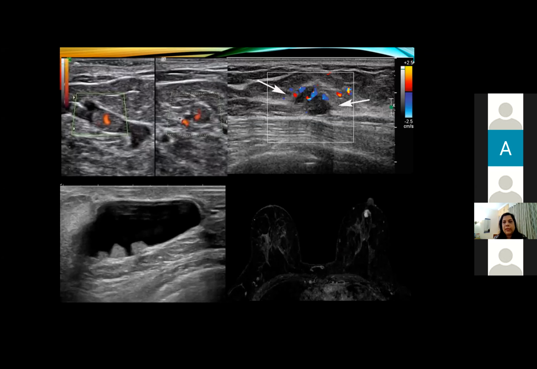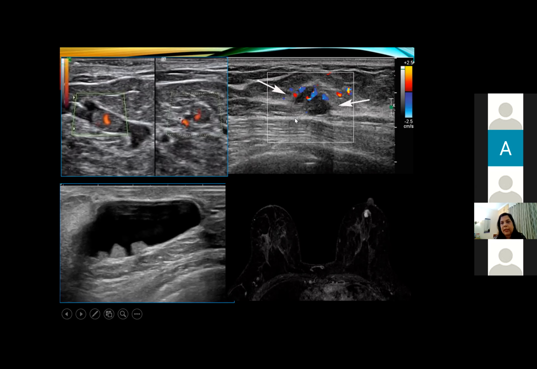So I am just putting these findings together. This is the intraductal mass on ultrasound. This is the circumscribed mass. This is a cyst with mural nodules, and this is a lesion on MRI. It's these two findings, intraductal mass and cyst with nodules, where you can think of papillary lesions on imaging.